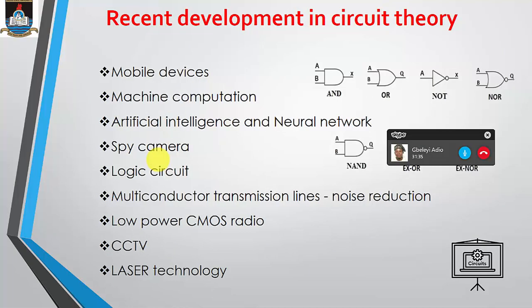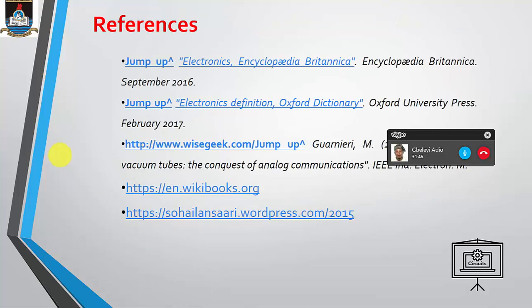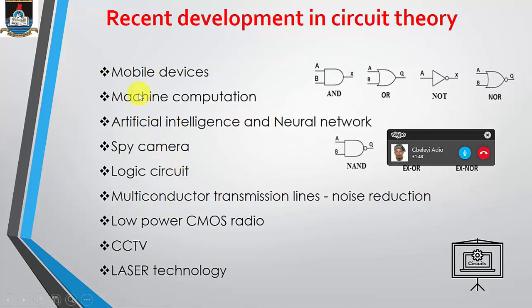I've listed some on these slides, but I would like to talk about that relating to the logic gate. Electronic logic gates differ significantly from their array and switch equivalents. They are much faster, consume much less power, and are much smaller. All these thanks go to the circuit theory that we've been talking about.